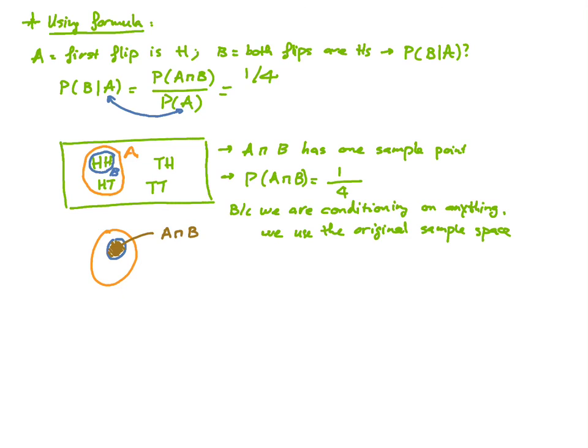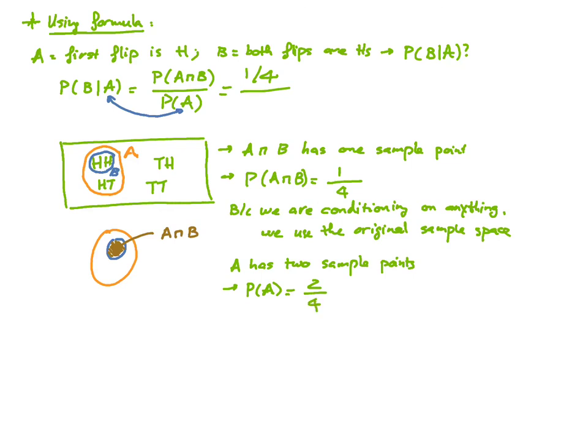So now we want to find the probability of A. From the Venn diagram, we know that A contains 2 sample points, and so the probability of A is just going to be the number of ways A happens, so that's 2, divided by the total number of outcomes, which is 4.